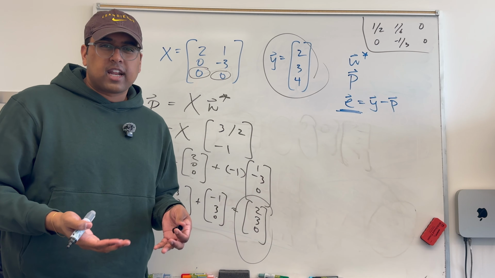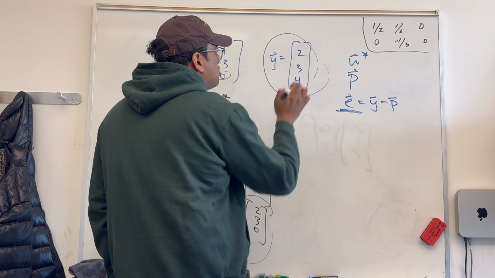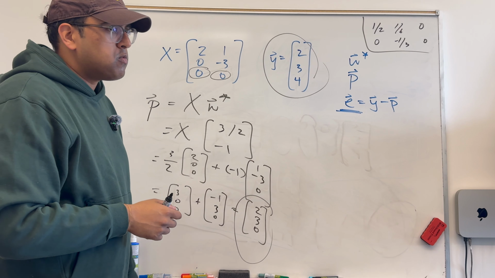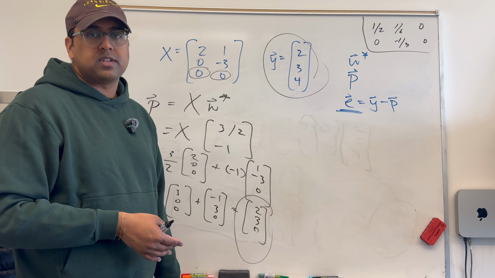What that means is there's no way of matching the 4 down here. I'm going to have to end up with a 0 there, because any linear combination of these is also going to have a 0 there. So the best I could do is just match the 2 and 3 in the first two components, which means there's no other linear combination of X's columns that could be any better than 2, 3, 0.